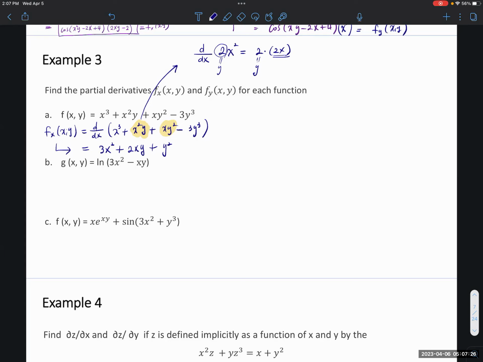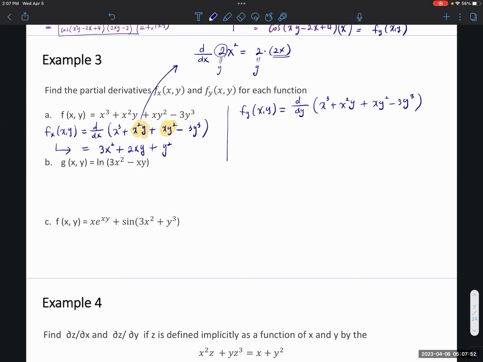You can make it shorter. Just be careful when you have 2 variables at the same time: you're taking only one differentiation, and the other one is constant. One more time. Now d/dy of x to the third, and x y squared.